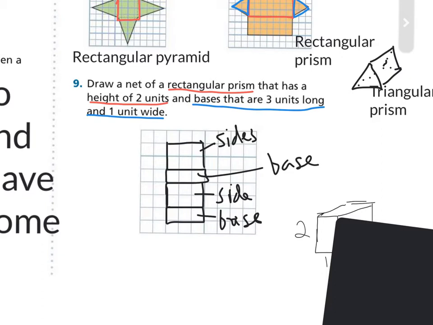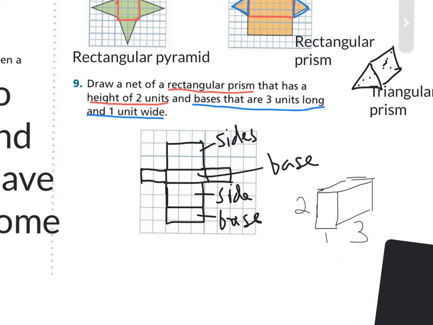We need 2 more. So again, with a height of 2, we go 2 blocks out to one side and 2 blocks out to the other side. And that finishes off our cross here. So those 2, and then if you can imagine this folding up, when we fold this up, it's going to look something like this, a rectangular prism.